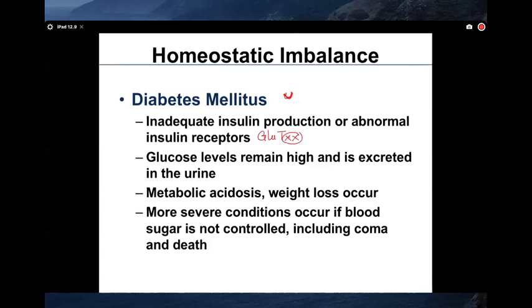So if you're not able to get the glucose into the cells, this glucose is going to remain high in your bloodstream. And if it remains high, remember, glucose is not a plasma protein, it's not a macromolecule, and it's not a cell.